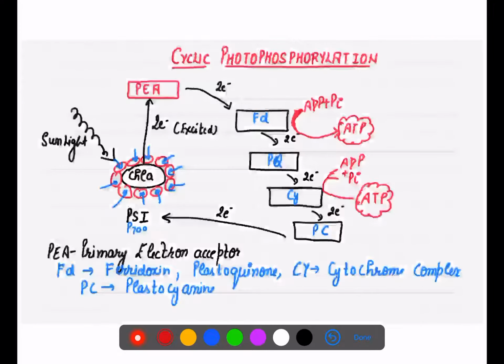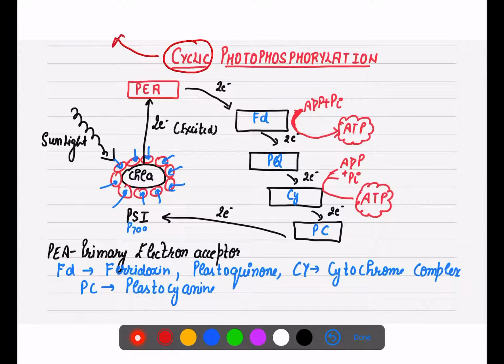So let's start with cyclic photophosphorylation first. As you know, cyclic means the electrons which flow will again come back to the photosystem. Photo means light, and phosphorylation means here we are going to talk about ATP, right?